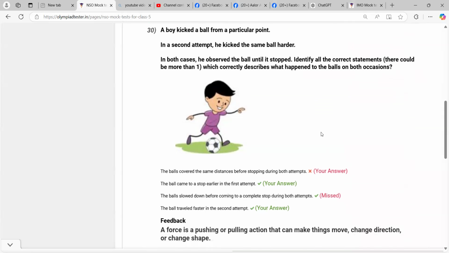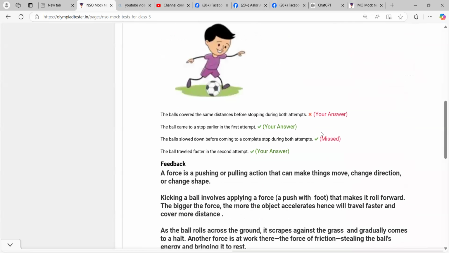The ball covered the same distance before stopping during both the attempts. The ball came to a stop earlier in the first attempt. The ball slowed down before coming to a complete stop during both the attempts. The ball traveled faster in the second attempt.